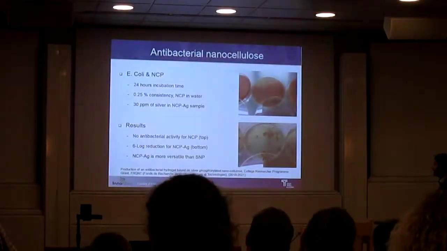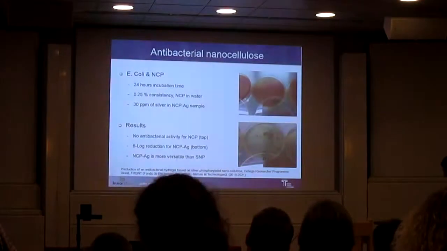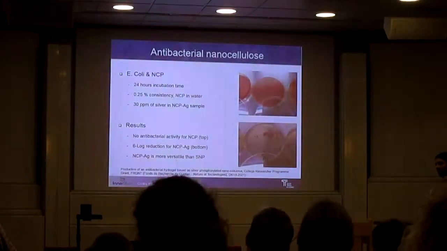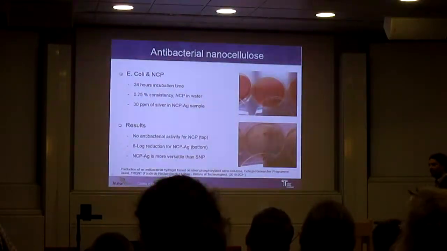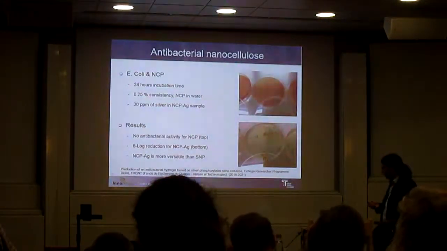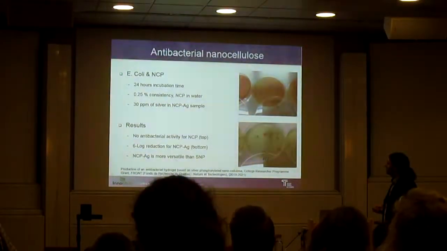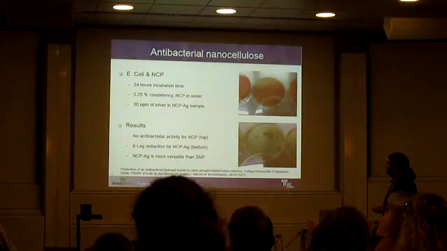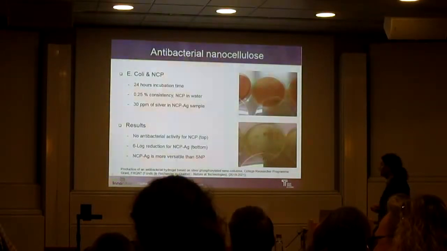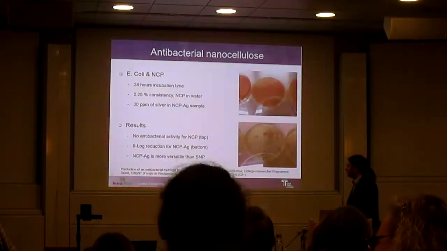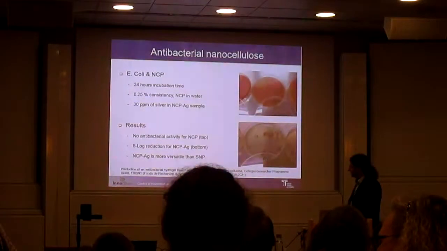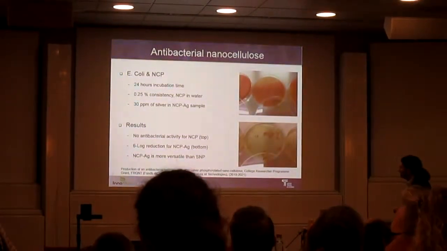With this nanocellulose, we can make an antibacterial nanocellulose by exchanging H+ with silver ions. We tested it in contact with E. coli. We have a 6-log reduction in the case of nanocellulose phosphorylated using silver as counter-ion, which is close to, or better than, silver nanoparticles.